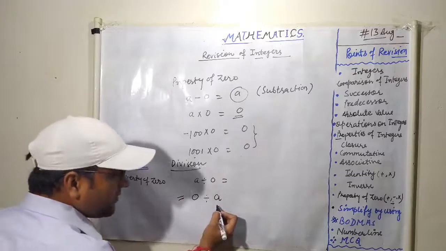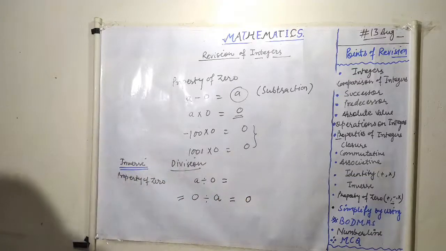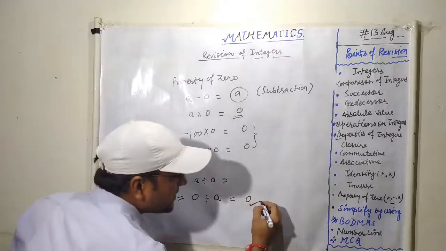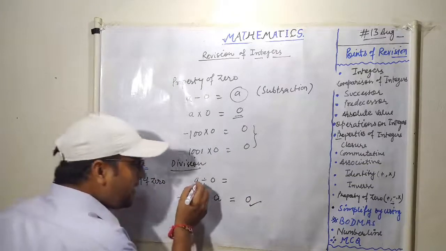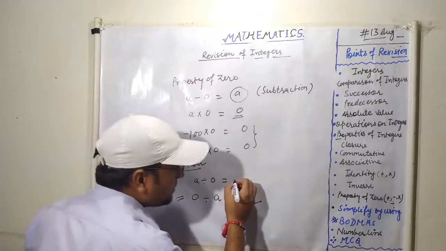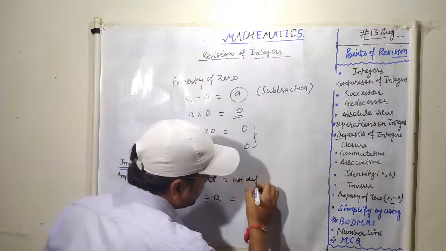If 0 is divided by any integer, you will get 0. Your quotient is 0. But any integer, if it is divided by 0, then it is not permitted. It is not defined.